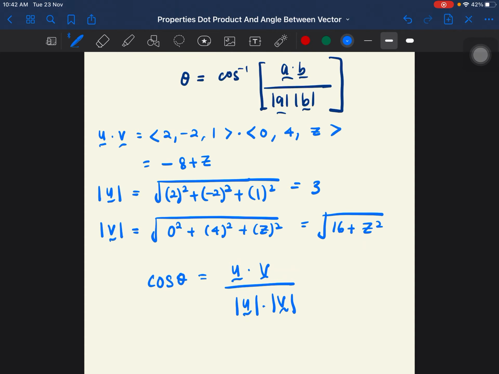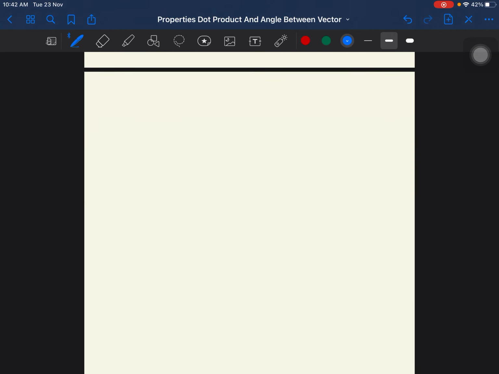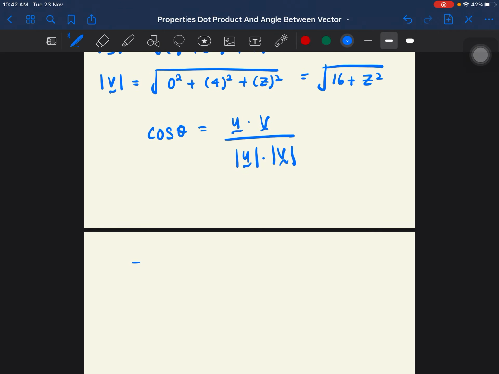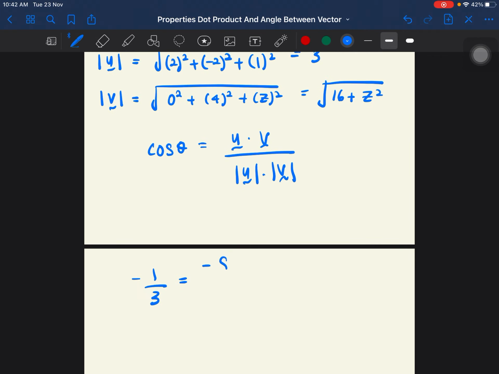So cos theta is equal to negative 1 over 3. So negative 1 over 3 is equal to u dot v, which is negative 8 plus z, over the magnitude of u, which is equal to 3, times the magnitude of v, which is equal to square root of 16 plus z squared.